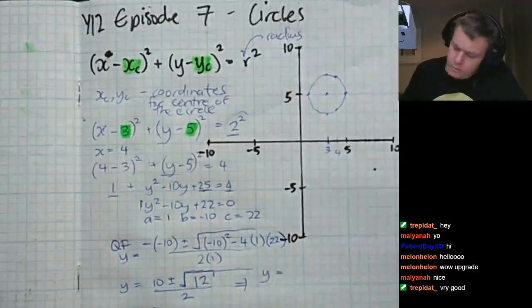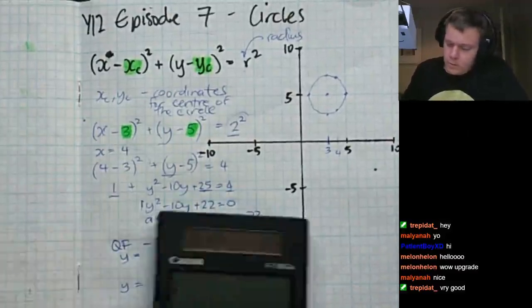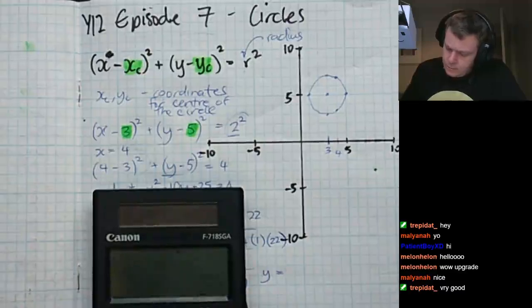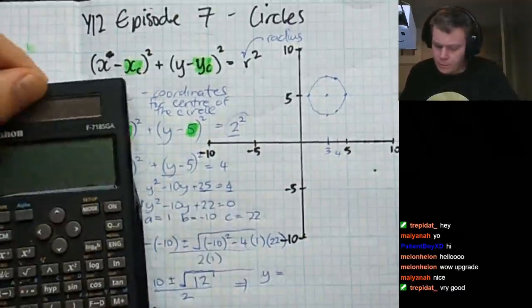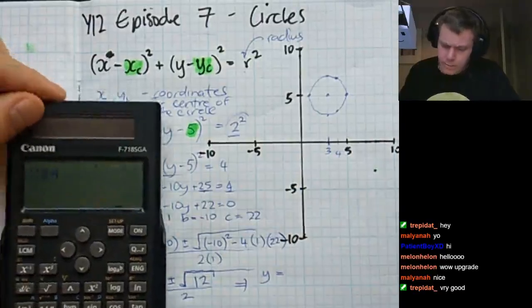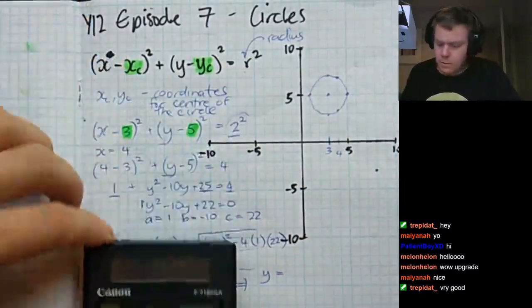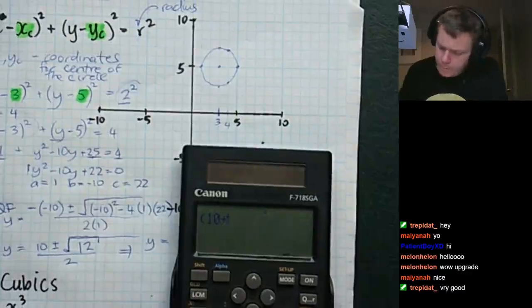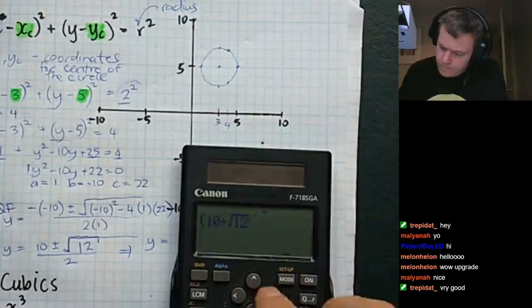I'll just put that into my calculator now. It's good to put a bracket around this first bit so that I only need to write it out once and change the plus. Square root of 12, and that's divided by 2.